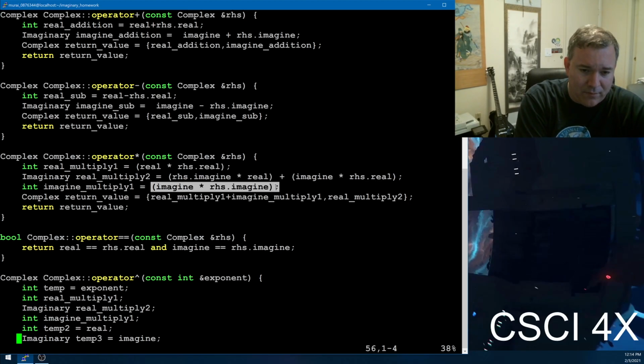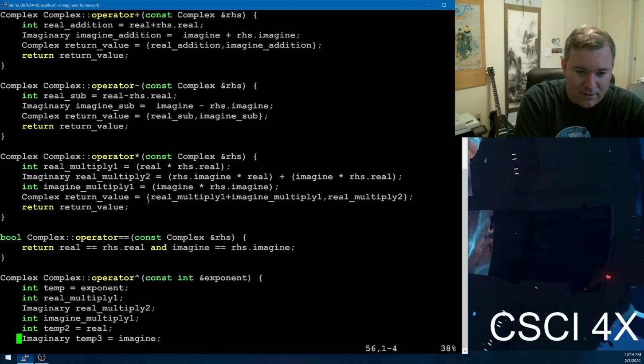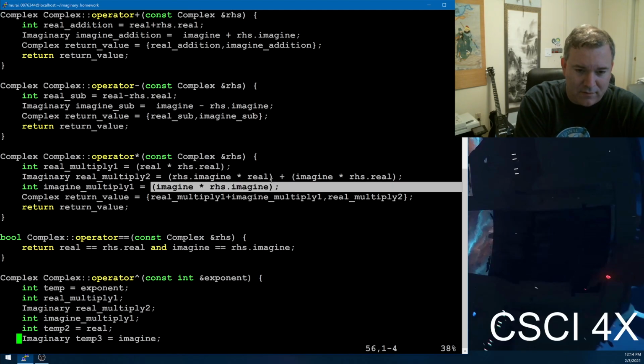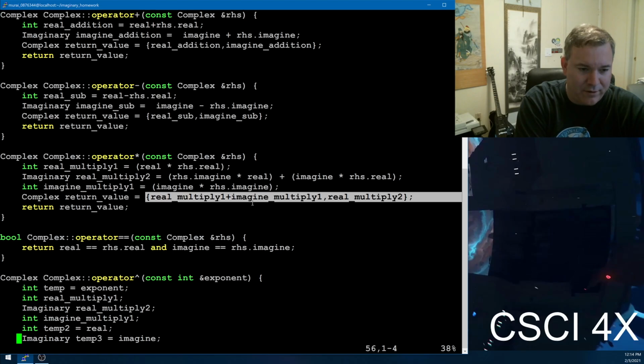Okay, so FOIL. So yeah, you're foiling it, and then you are doing that, right? So that's the first. That is the outside, inside, and last. Yeah, okay, you got all four things in here. And then you put them together into a new complex number and return it.